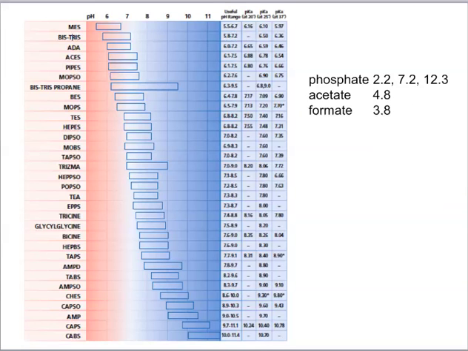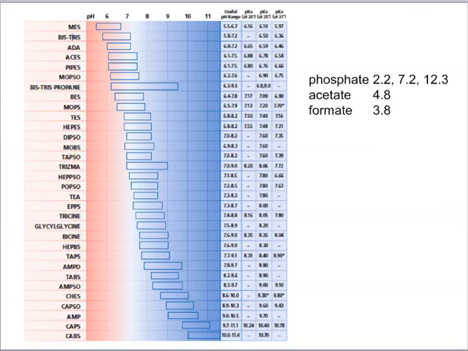Those are handy because, for example, if we want to avoid changing the ionic strength of the solution by titrating our buffer with acid or base, say hydrochloric acid or sodium hydroxide, both of those are going to increase chloride or sodium concentrations. Instead we can work with these buffers and only have as solution components the weak acid and its conjugate base, and we can dial in our pH exactly. So there are some useful buffers.